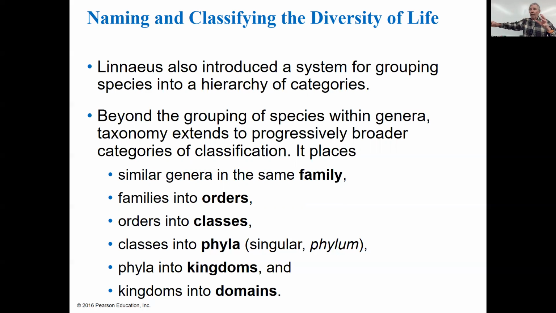So each taxon has certain characteristics, and they're artificial really, that all of the animals in this taxon have in common. Like with the kingdoms, what do all animals have in common? They're heterotrophic, right?